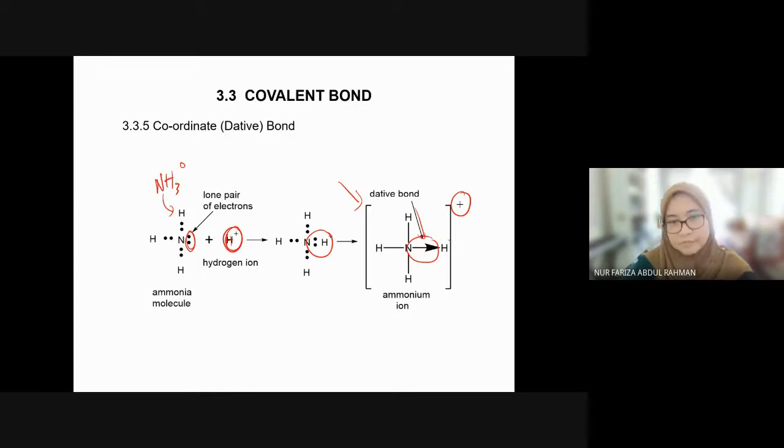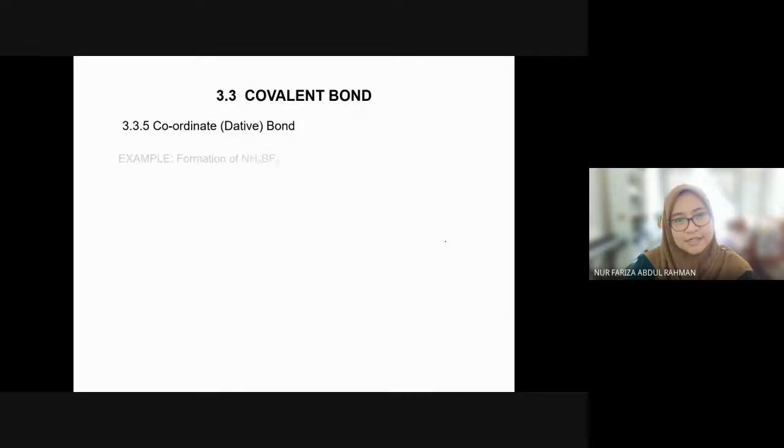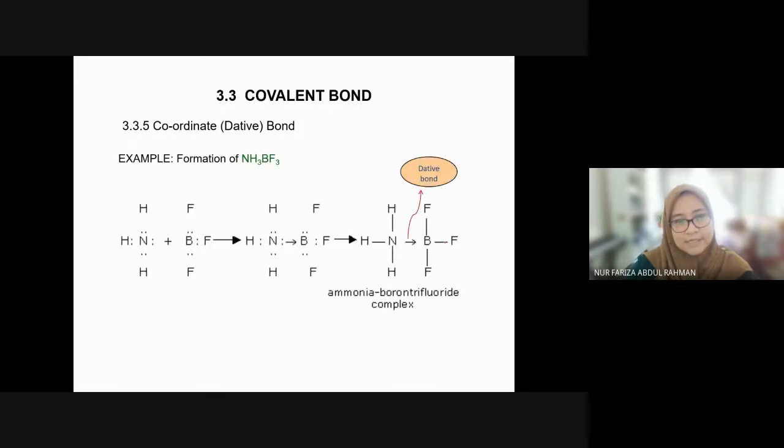Another example that we can have is again NH3. NH3 is the donor. In this case, the acceptor is BF3. Why does BF3 behave as an acceptor? Remember, because of the incomplete octet.